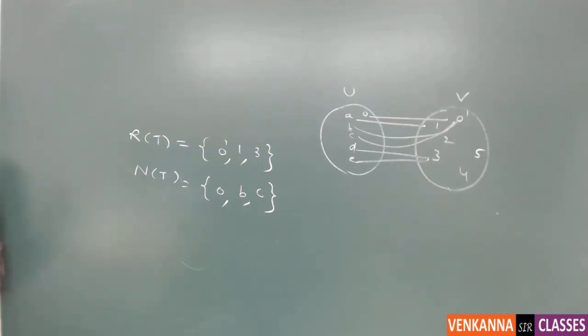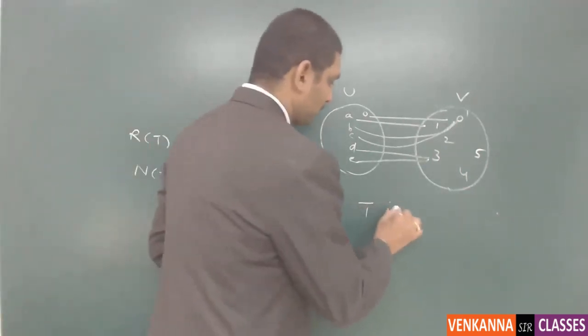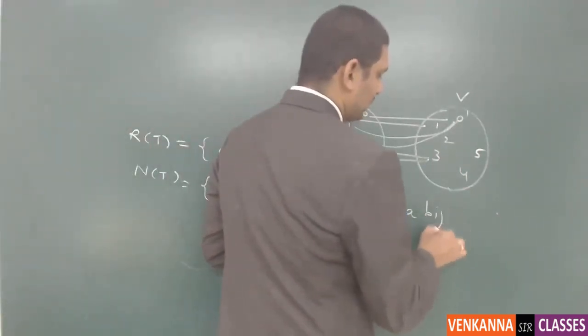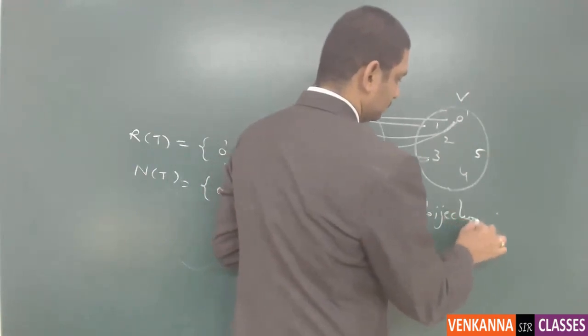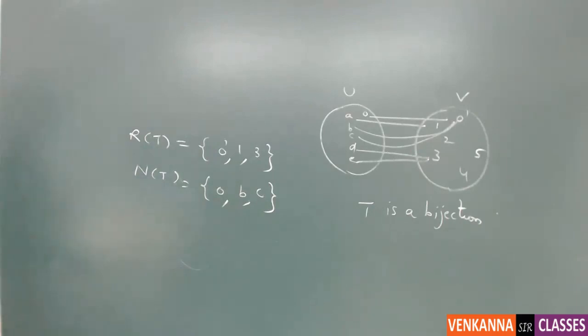Right. Please understand that we have a concept of invertible functions. It is simply that T is a bijection. So at the school level or college level, we learned that we can calculate the inverse of a function if the function is a bijection.